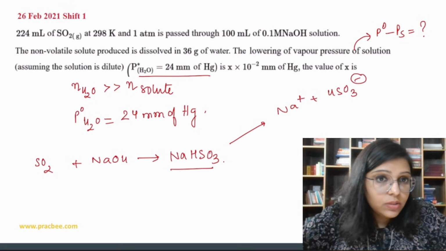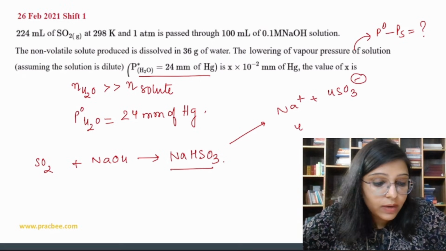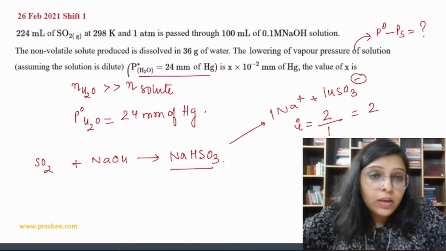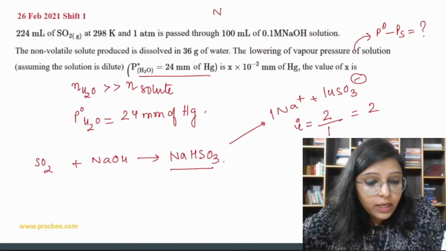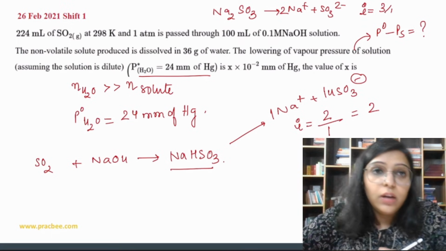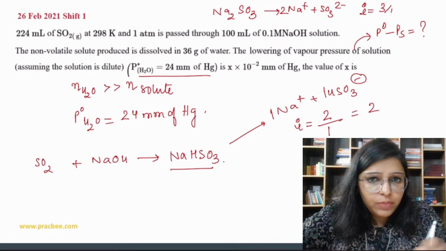If I assume complete dissociation, then we get 2 ions divided by total taken 1, so the Vant-hoff factor is 2. If you assume that it forms Na2SO3, then it dissociates into 2Na plus and SO3 2 minus, so the Vant-hoff factor is going to be 3 upon 1. Understood? So I am taking this.